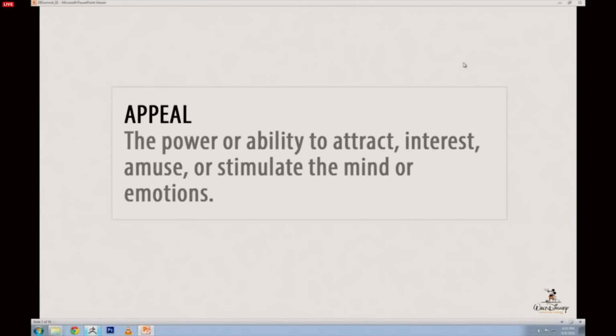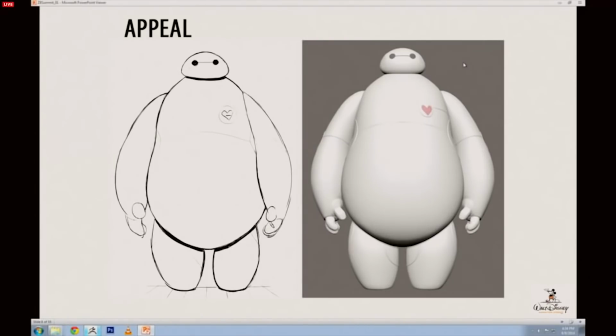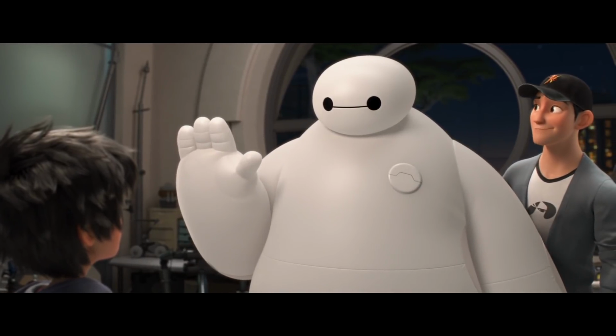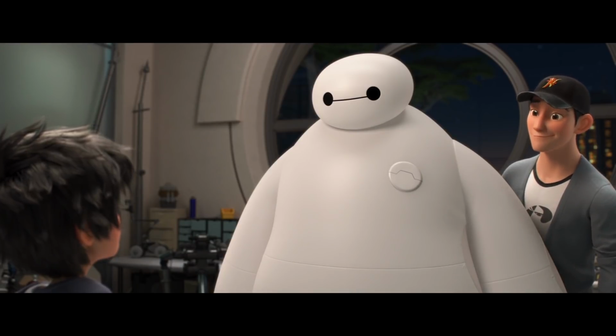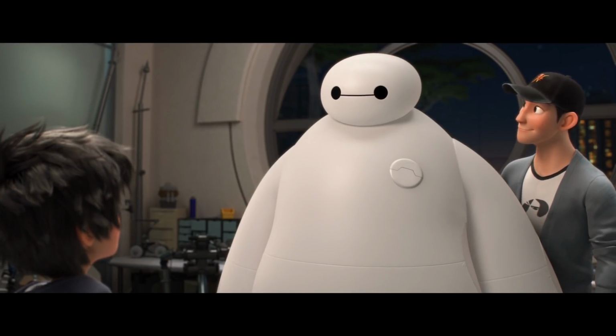Listen to what Zach Petrock, one of Disney's key artists, has to say about that. So he's supposed to feel appealing and approachable and nurturing. So we use the word appeal to describe him based on how well he is hitting those emotions. To translate this into semiotic terms, we use the word appeal to describe him based on how well he evokes the desired connotations.